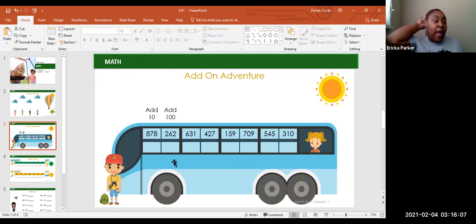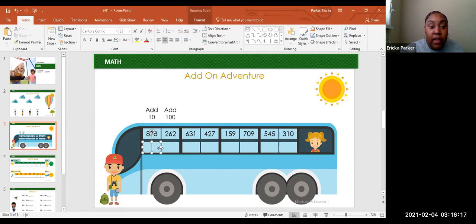They're asking you to add a 10 and then on the next one add 100. So if we added a 10 to here, this would be what? 888 because we're adding a 10. Now on this one, we are adding a what? 100.